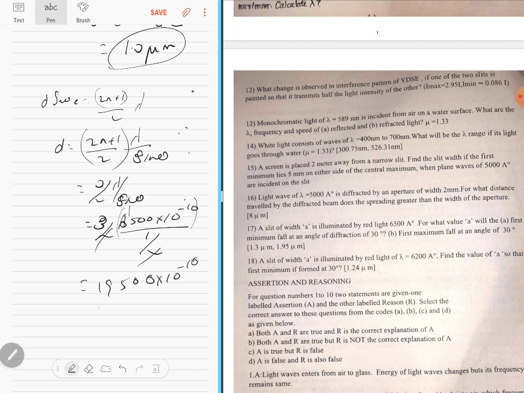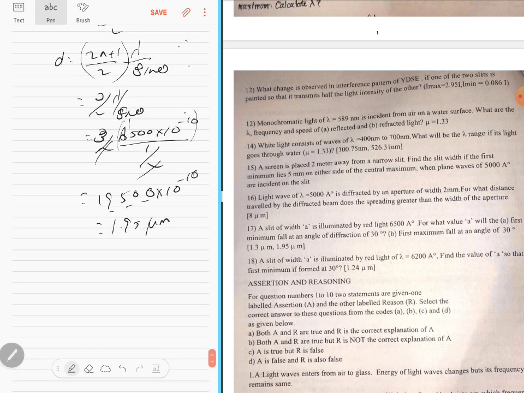Yeah, we're getting the answer. Whatever I was guessing is right. I was just guessing the final formula. So it's 1.95 micrometer, 10 to the power minus 6, so micrometer. That's fine. Let's go to the next question.